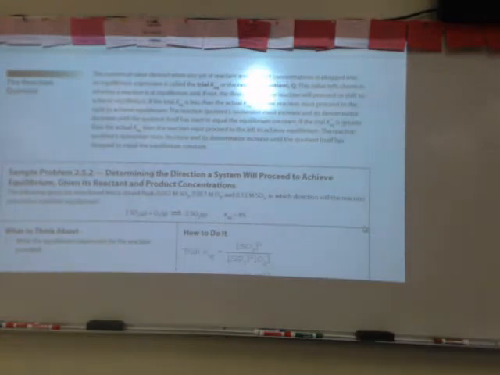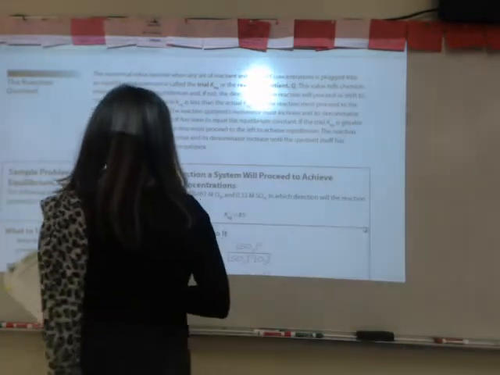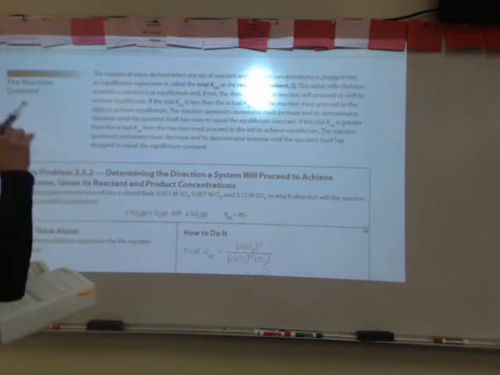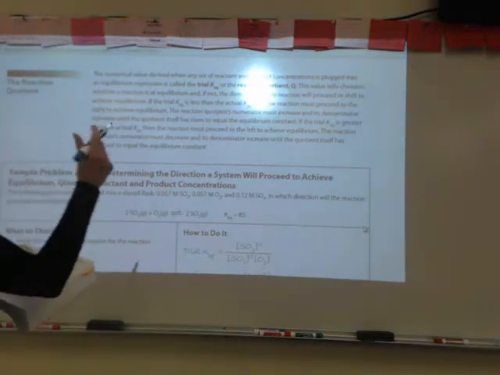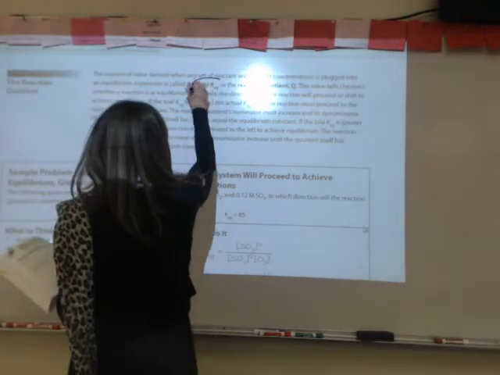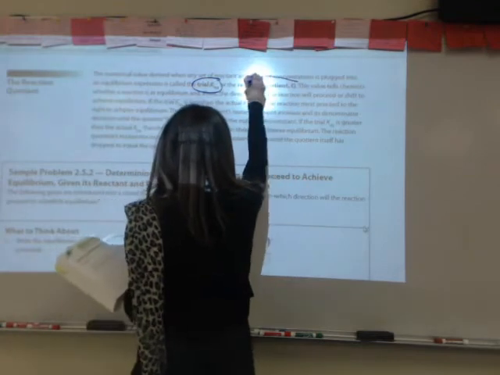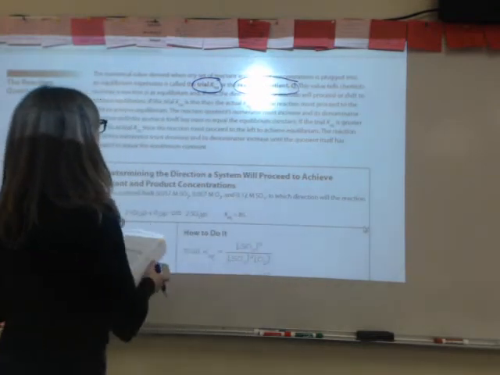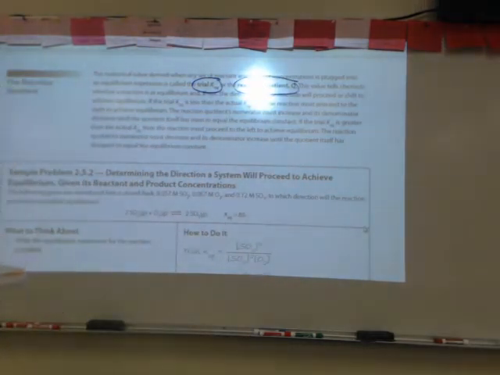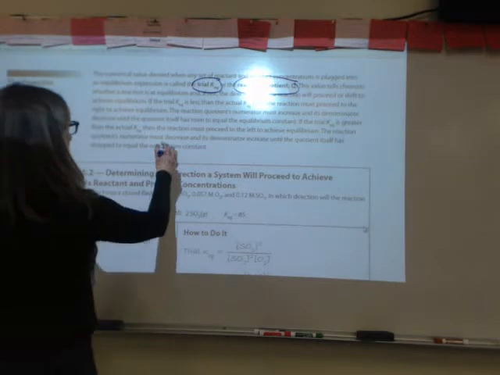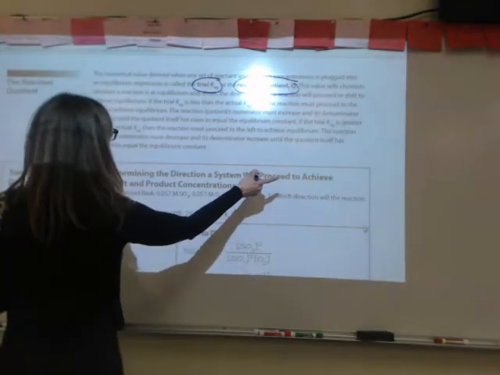The numerical value that's derived with any set of reactant and product concentrations is plugged into an equilibrium expression, and it's going to give you something called the trial KEQ, which is the same thing as the reaction quotient Q. So think of it as this is just a trial run. We're going to calculate the trial KEQ, and we're going to compare it to the actual KEQ.